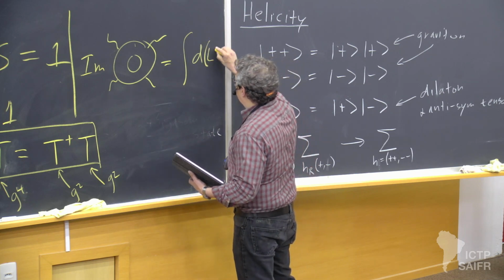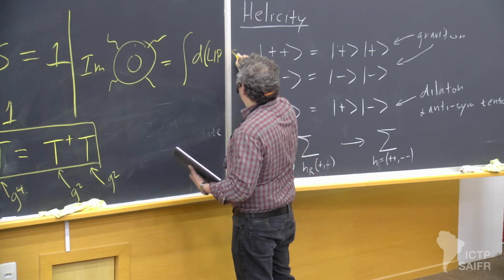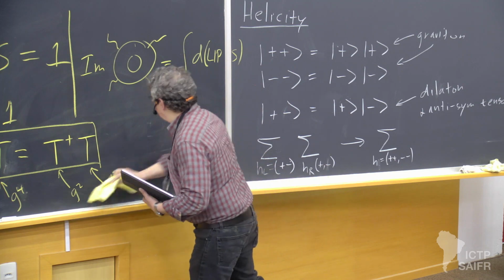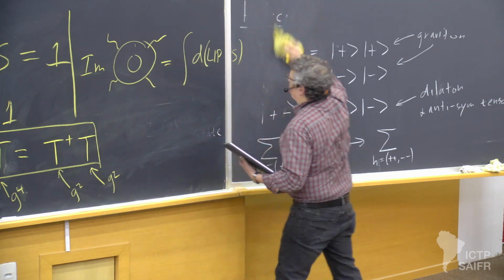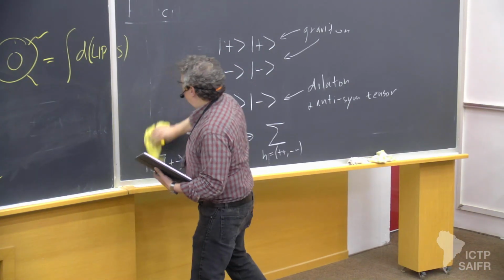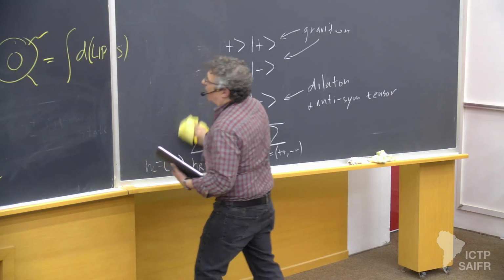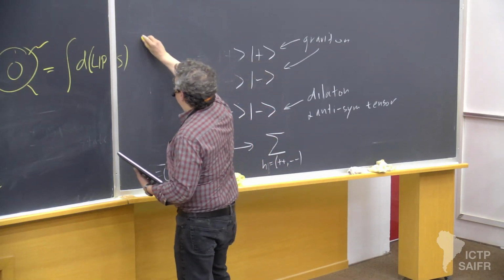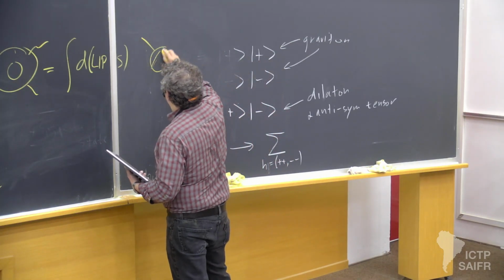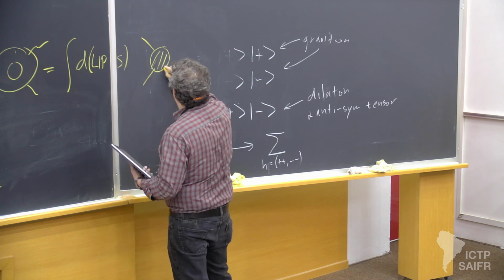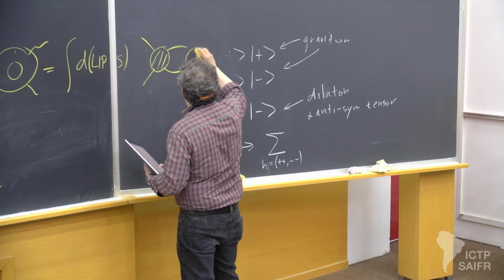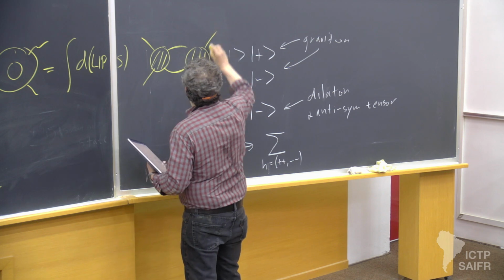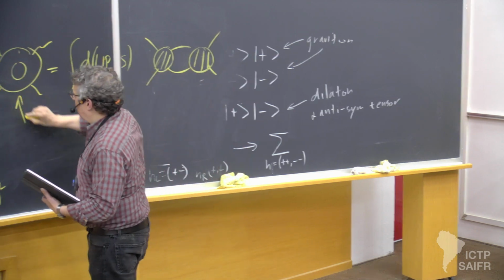I'll call it d-lips, Lorentz invariant phase space. And then this would be tree level. This side, for example, is one loop.